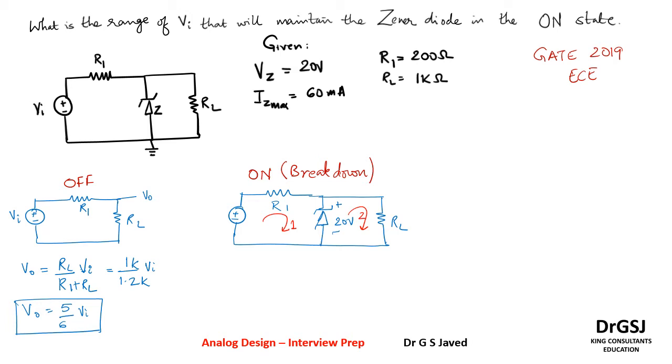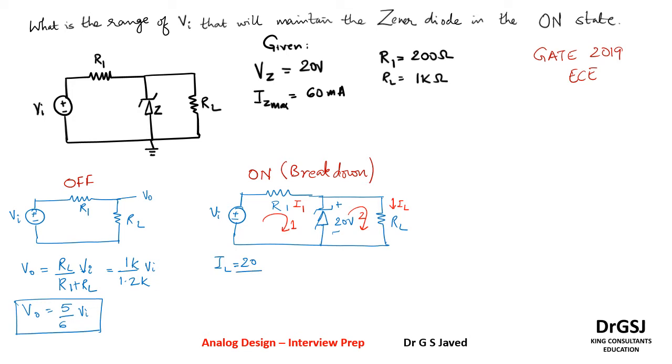In loop 2, the current flowing through RL I will call IL, and the current through R1 can be called I1. Let us find out what IL and I1 are. IL is given as the voltage across the Zener diode, which is 20 volt, divided by RL.